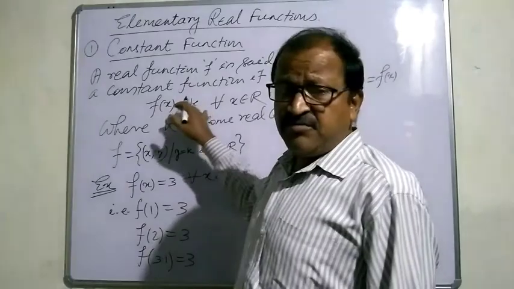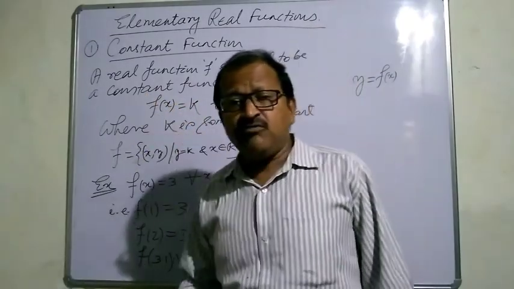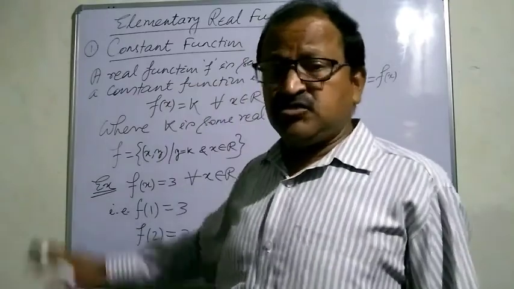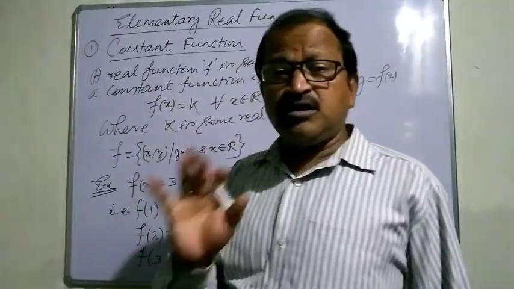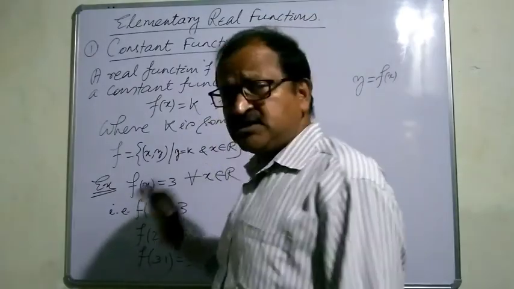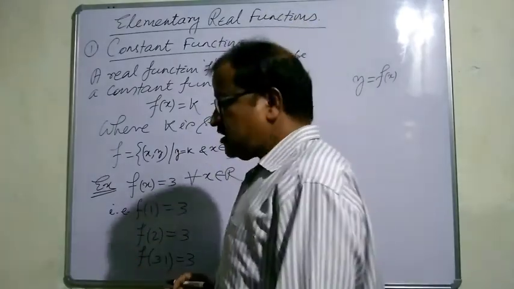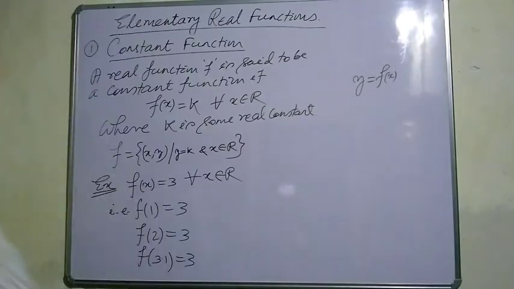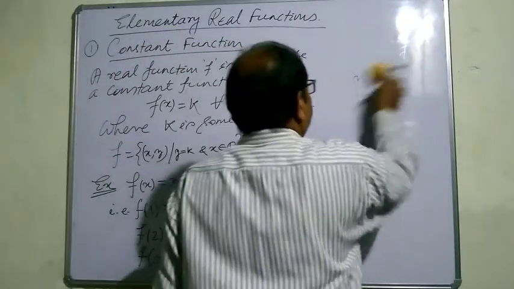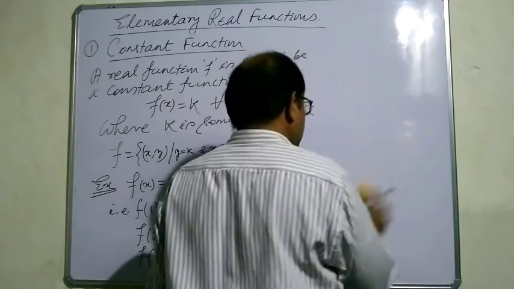Here it is k, meaning whatever value you may give to x, the value of f(x) is always k. So that is why it is called a constant function. Constant, fixed.